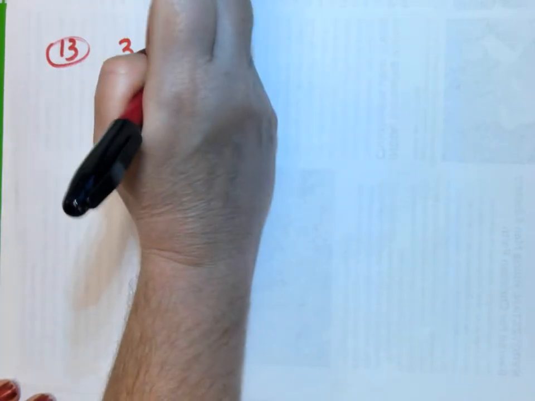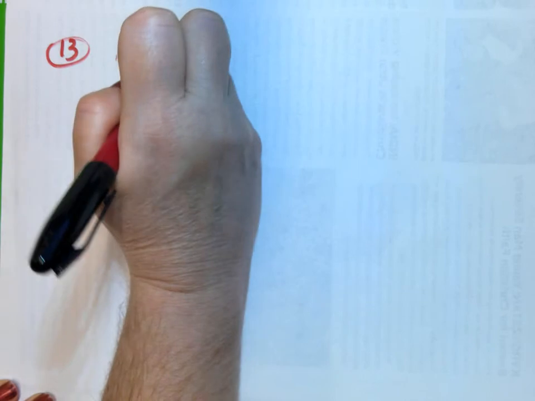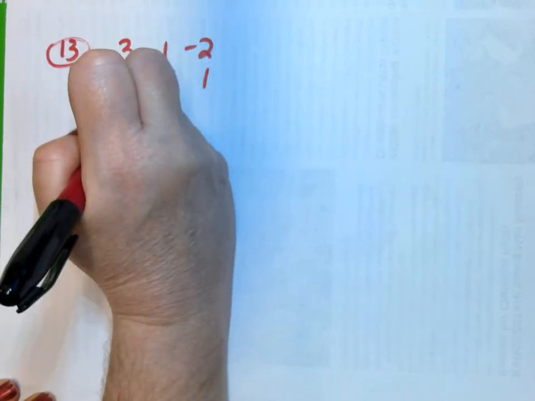Last one, number 13. Again, I like Cramer's rule for the 3 by 3s especially. All right, so we have 3, 1, negative 2, 1, 5, 1, 1, 0, 3.